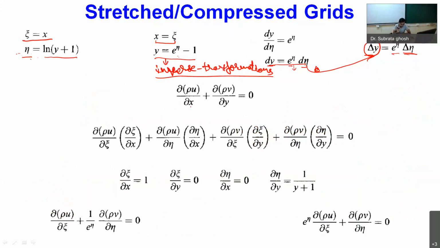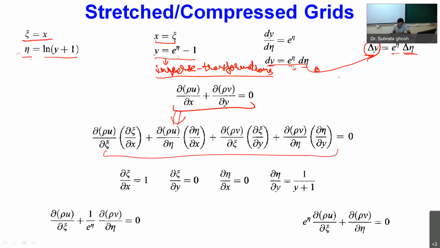Now, we know that in our physical domain, the continuity equation is del rho u by del x plus del rho v by del y equal to 0. If I transform this continuity equation into the zeta eta plane, I will get this particular final equation. This is based on the formulations I described yesterday.